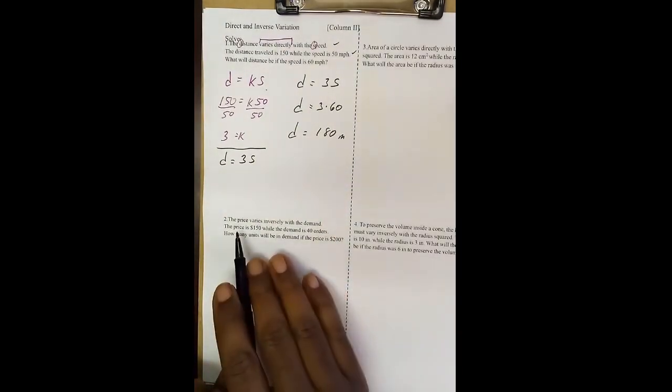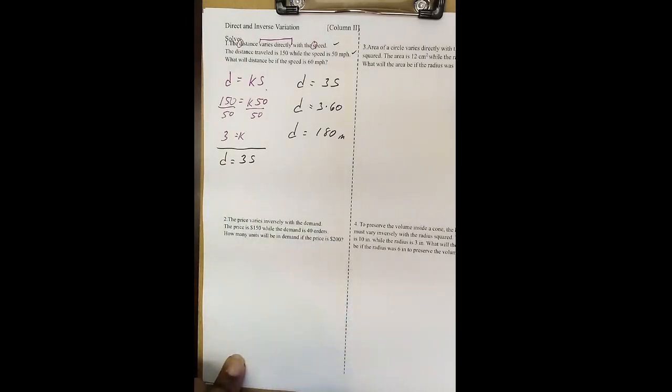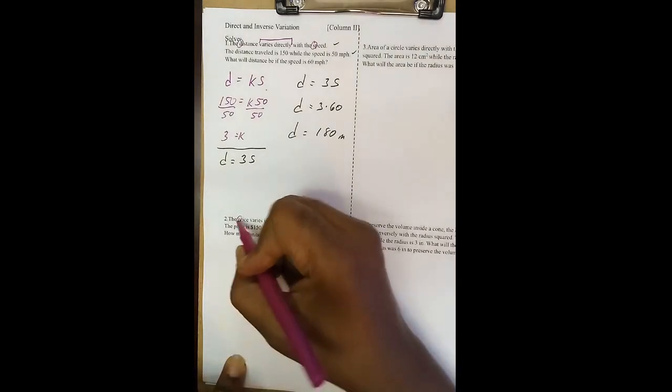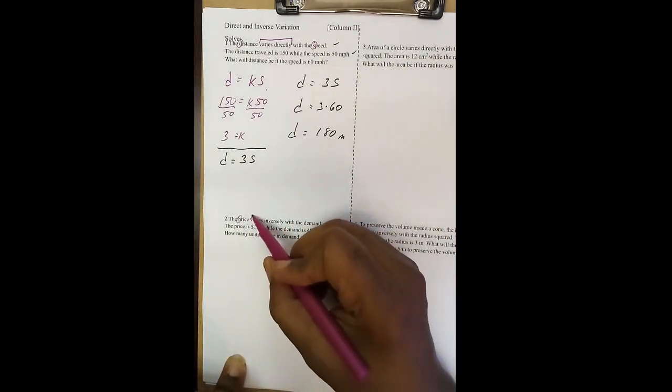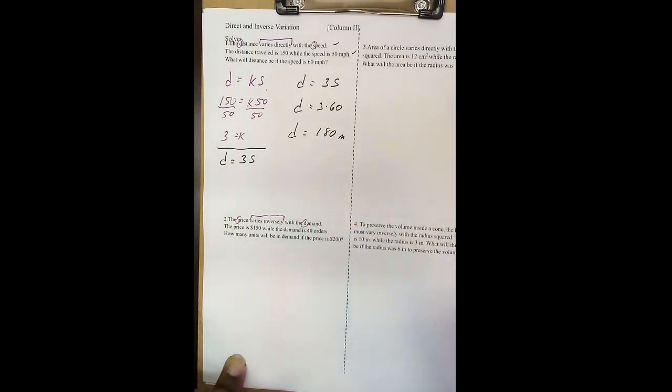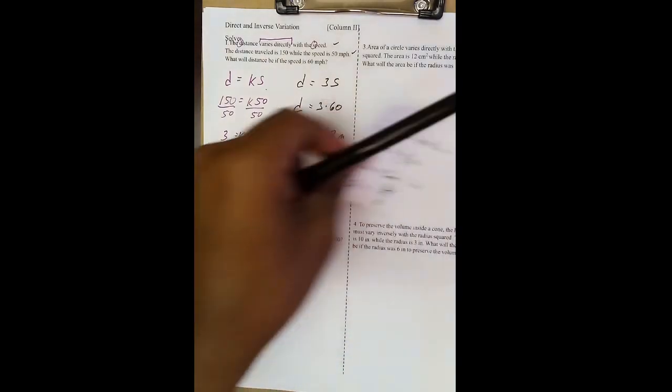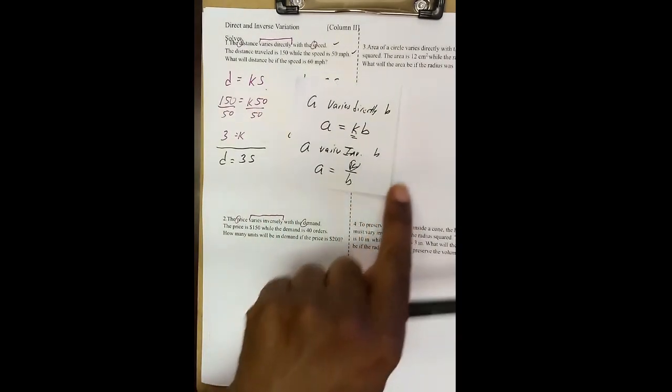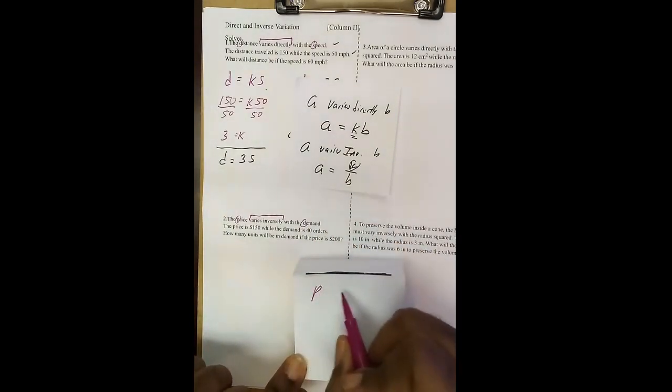Okay, for here, the price varies inversely with the demand. We're going to use the P from price, and we'll represent the demand with D. So what we have is a P and a D, and varies inversely.